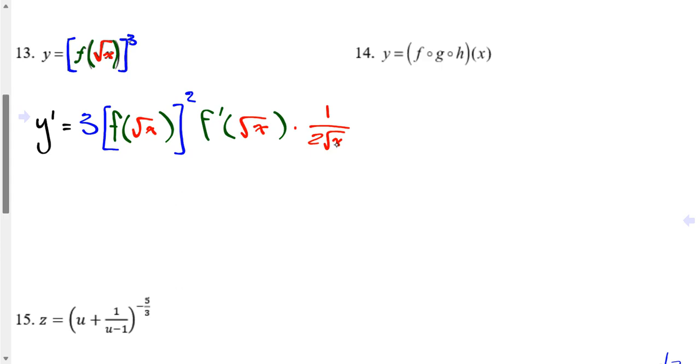If you're not at that point, no worries. We just think of this as being x to the half, and then we bring down the half, subtract 1, and then this would be f prime of that. So notice, when we have a composition of three functions, there are 3 links in the chain that make up the derivative, which is why this is the chain rule.